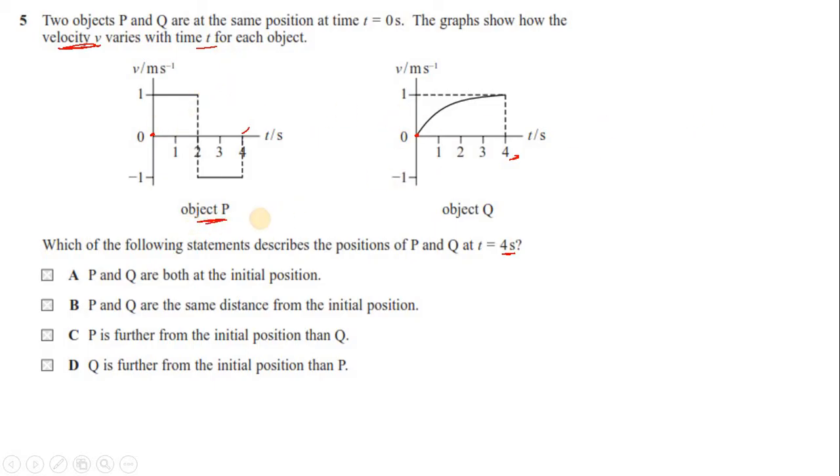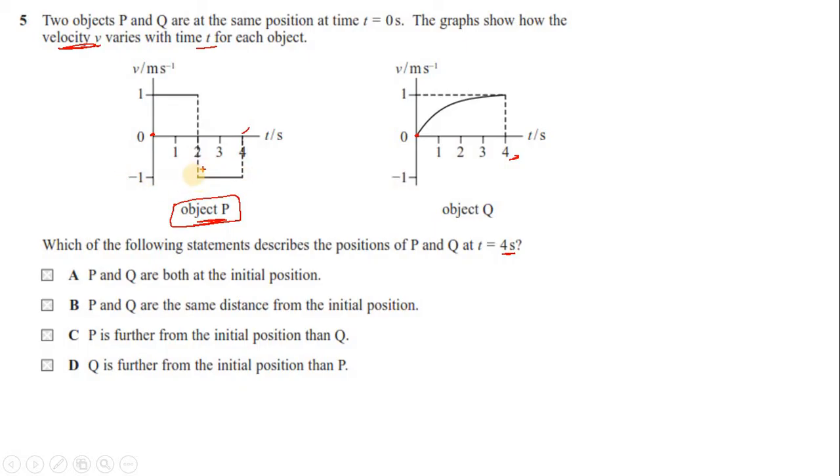So how do you read the graphs, what is object P doing? The first graph shows that the object P was moving in one direction with a constant velocity of 1 meter per second for 2 seconds. After that the graph is below the time axis and the velocity is -1.